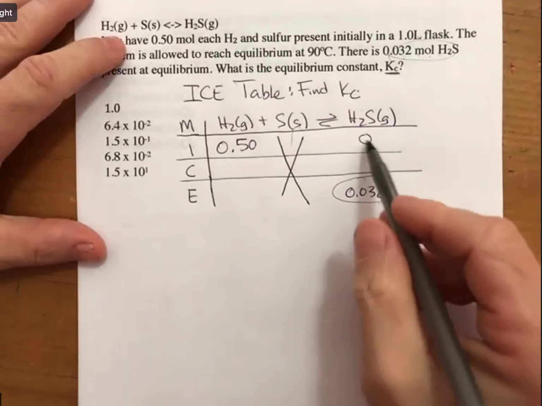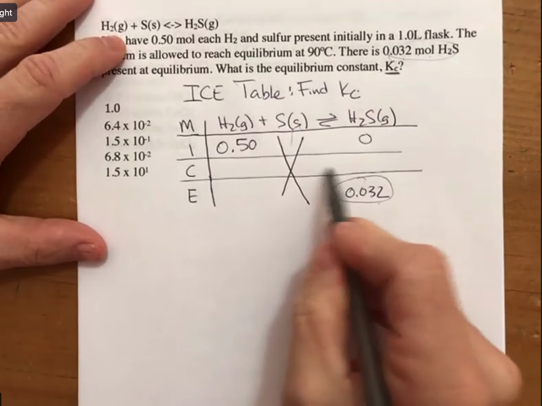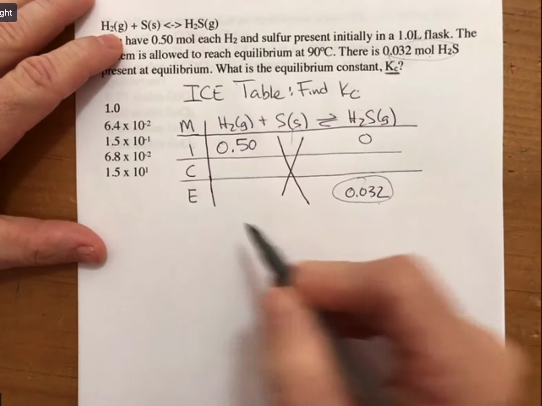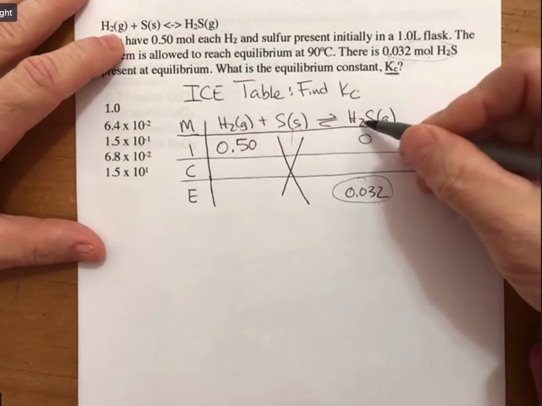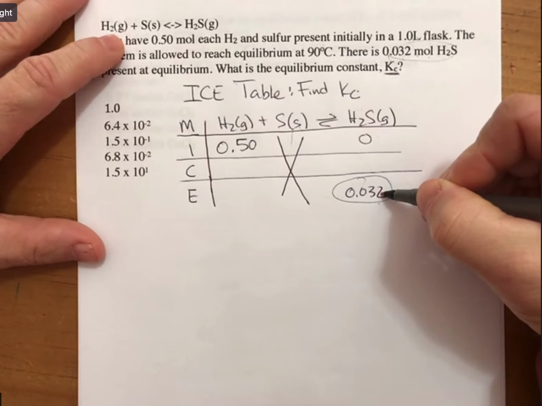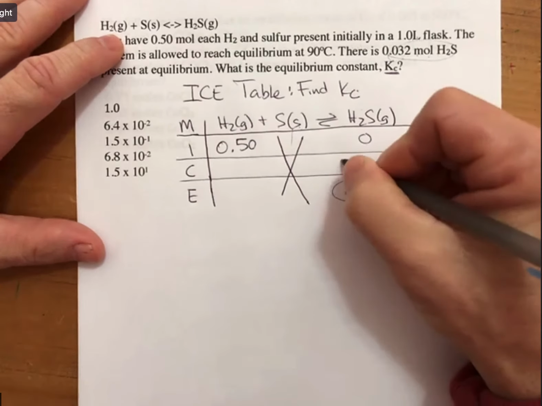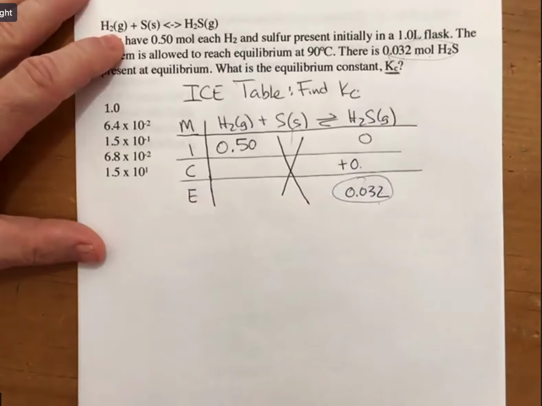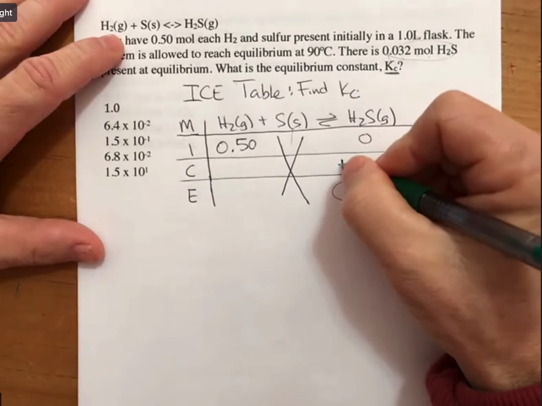Now, this is enough information to figure out all the numbers in the ice table. For example, if you start with 0 molarity H2S and at equilibrium you have 0.032 molarity, then, actually I'll do this in another color because this is what we're figuring out.